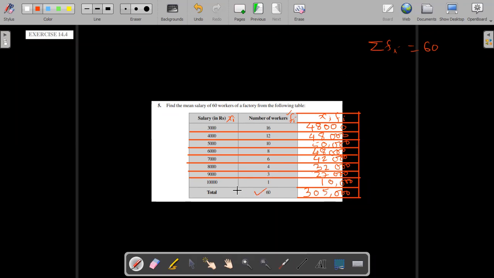One line you should make. And sigma xi fi is 3 lakhs 5,000.